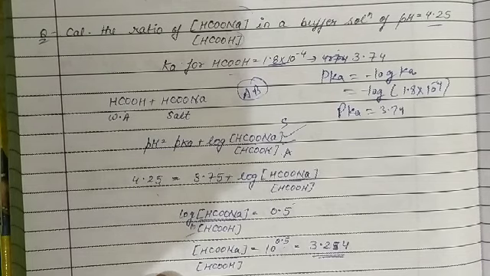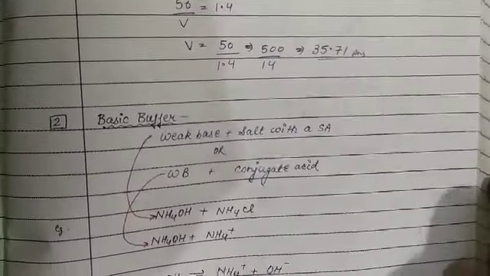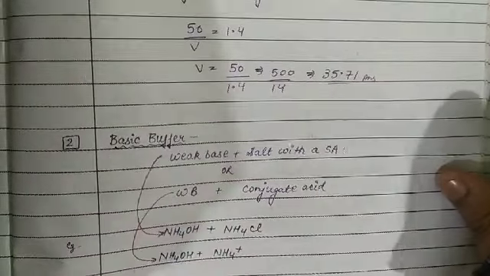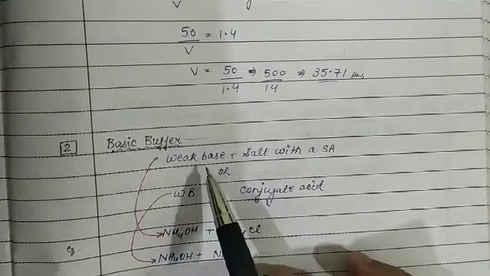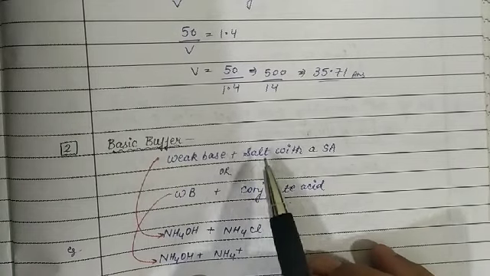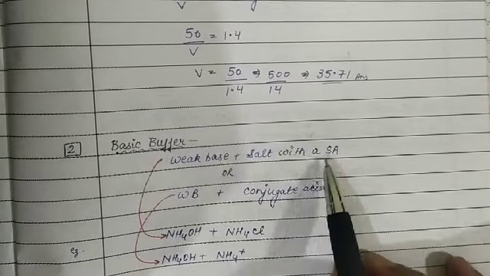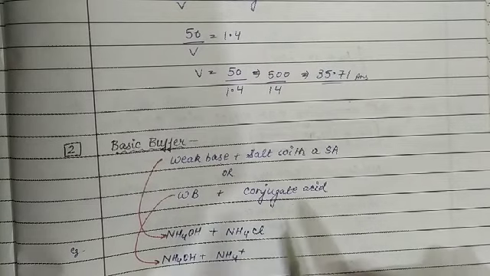Now we will discuss the basic buffer. See, what is a basic buffer? A basic buffer is basically formed by a weak base plus the salt of this weak base with strong acid. Also we can say a weak base and its conjugate acid will form a basic buffer.